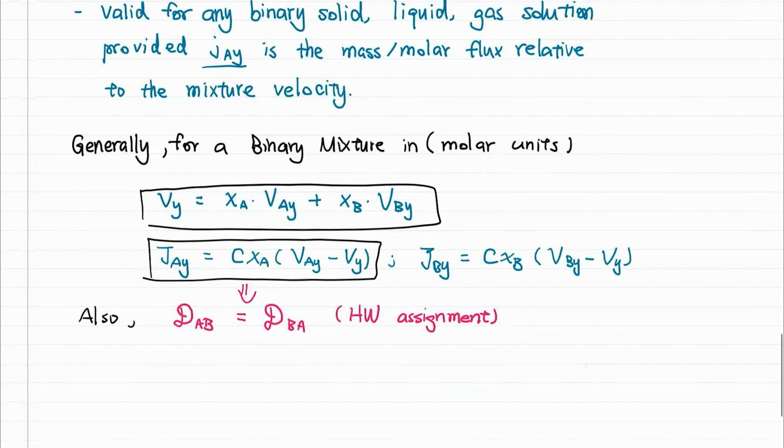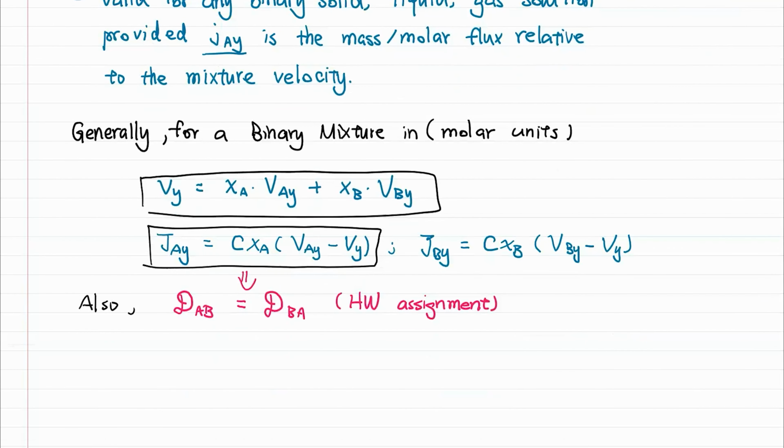Okay, so finally we can write the three-dimensional vector form of Fick's first law.